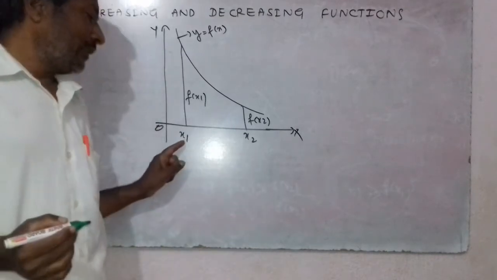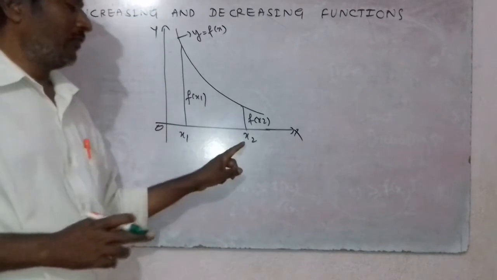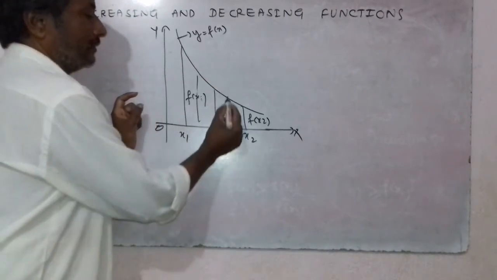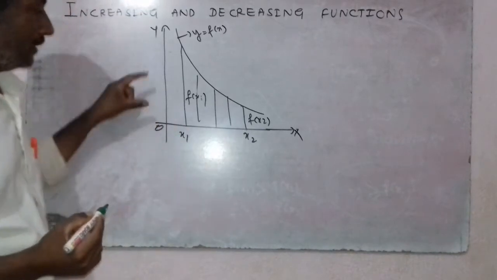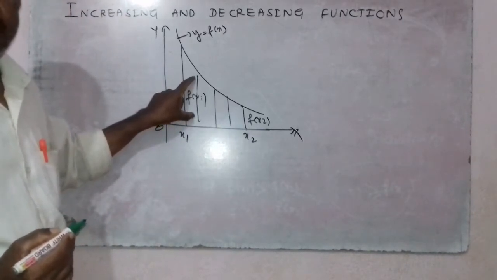So here at the point x1, f of x1, at the point x2, f of x2, at every stage, f of x1 is greater than f of x2.